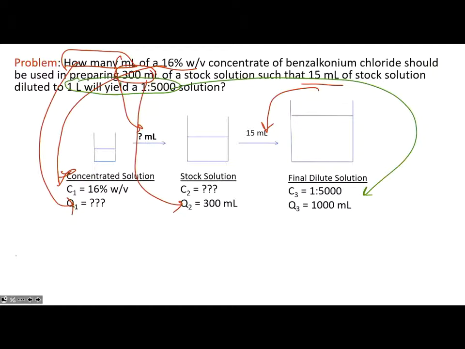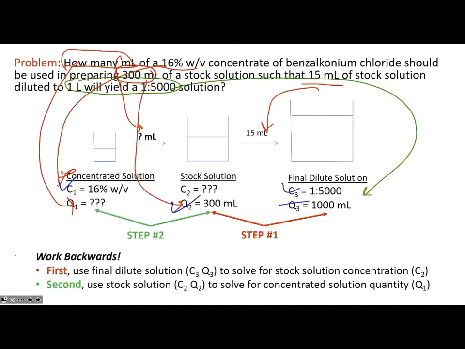So my point is, we know a lot of things. If I check mark the things we know, we know this, and this, and this. The trick on these double dilutions is to work backwards. Since we know these three things right here, I can solve for that.